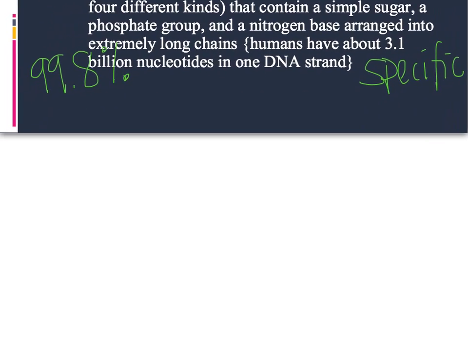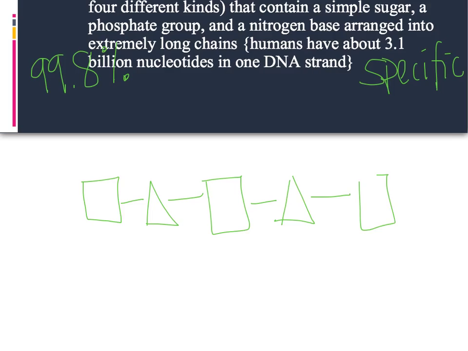So let me scoot this for 1 second. We're just about done here. Nucleic acids also have big long chains. These big long chains include a sugar. Let's say that's our sugar. They include a phosphate group, and they include a base. We're going to make this base shaped like this. And then this pattern just repeats.